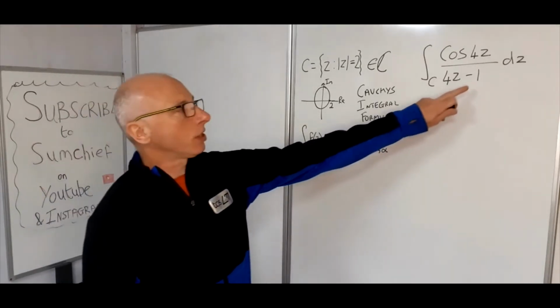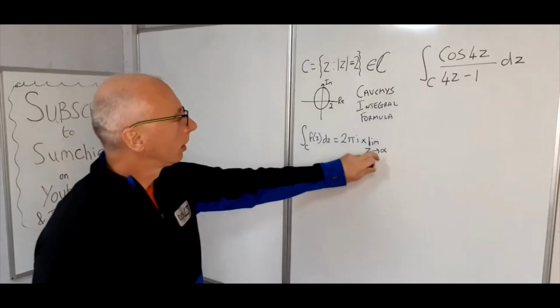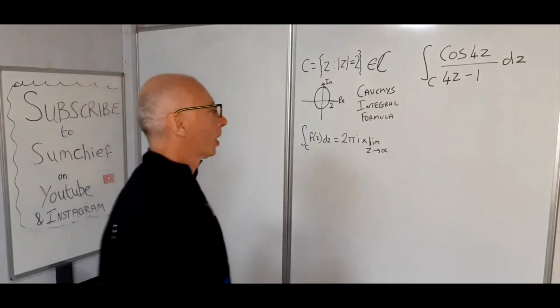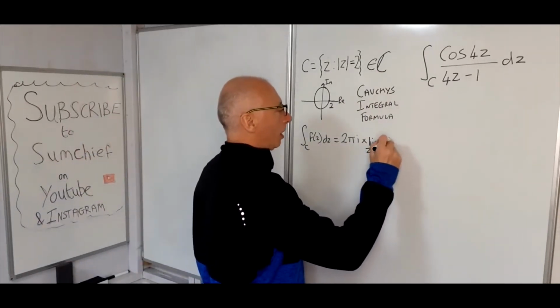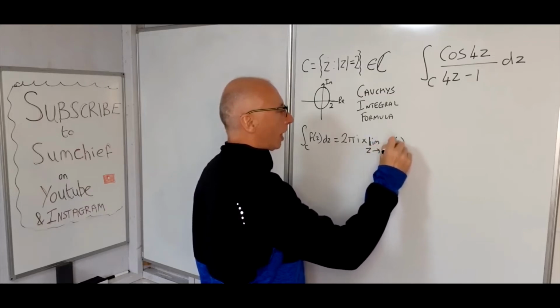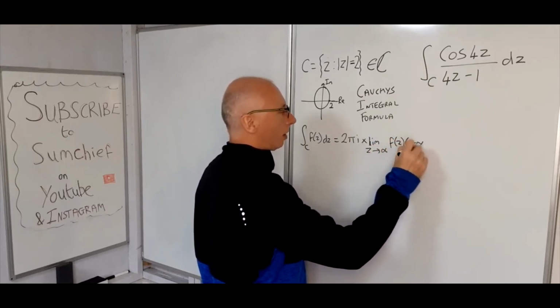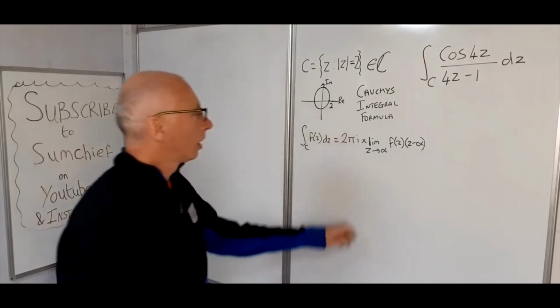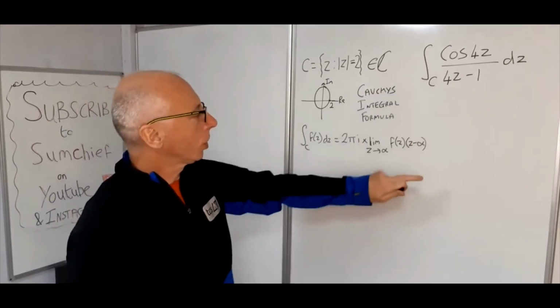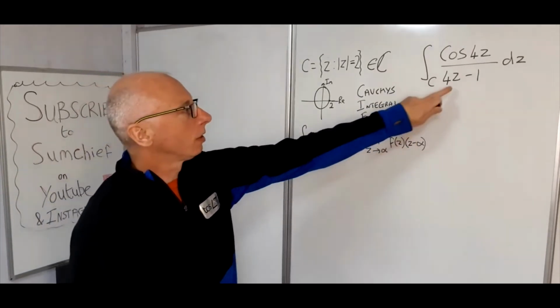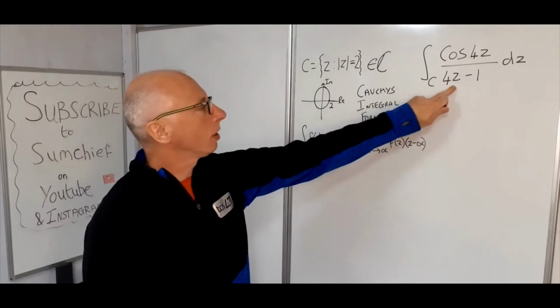Alpha is going to be the singularity of this function here, which we're going to go through in a minute. And we multiply this, sorry, the limit of f of z times z minus alpha. So where the function and z minus alpha, basically the idea is to get rid of this denominator.